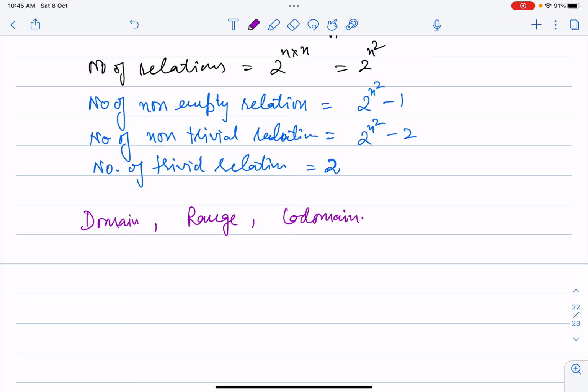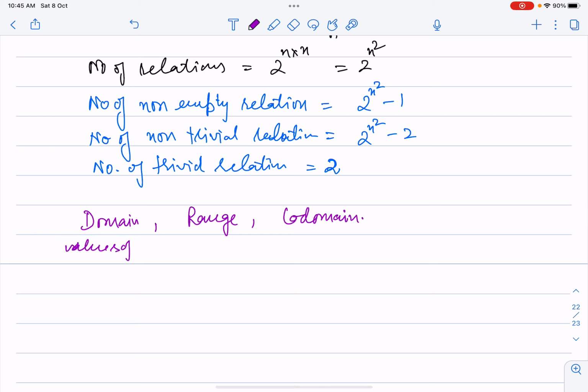Now what are domain, range and codomain? Domain is the permissible values of the first element in the ordered pair, sometimes called the values of x.